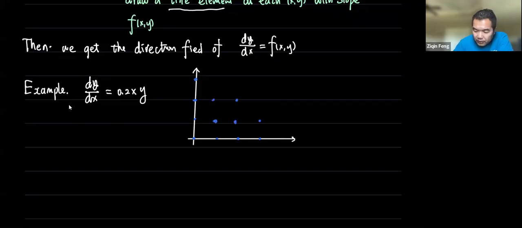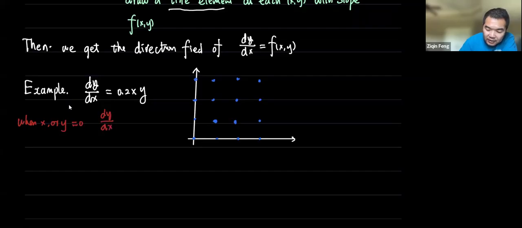You can do all the calculations on the grid. For example, when x or y equals 0, then dy over dx is 0, which means the slope is flat. Let's use green for our vector field line segments. So always flat, because the derivative is 0.